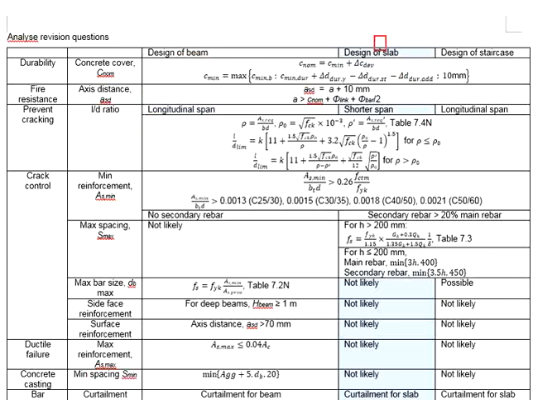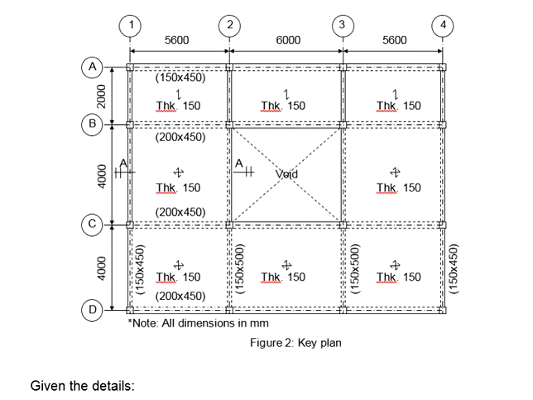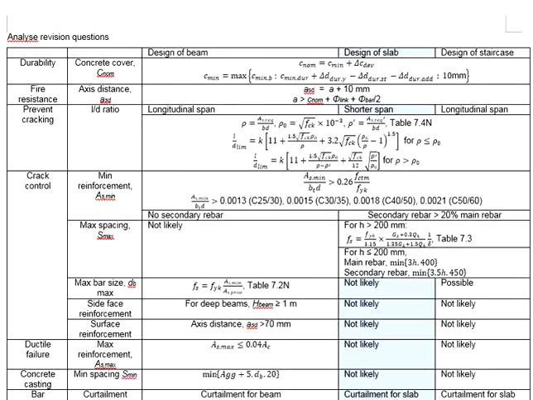But when it comes to the slab, you are actually checking against the shorter span. This is because a slab is more likely to bend in the shorter span as compared to the longer span. The shorter span will be the critical direction for the bending. Because of that, you're going to check your L per D ratio against the shorter span in the slab.